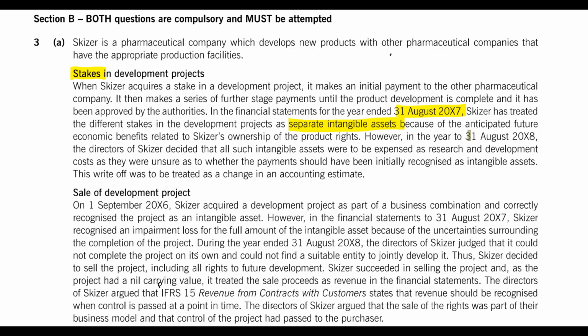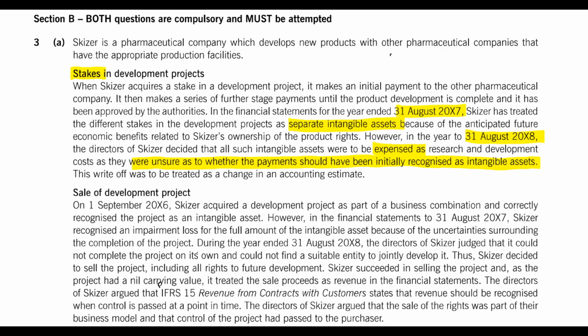But then in the following year, in X8, they've actually expensed those because they are unsure whether the payments should have been initially recognized as intangible assets in the first place. So they then in X8 have doubts about the situation that the correct treatment was applied in the previous year.